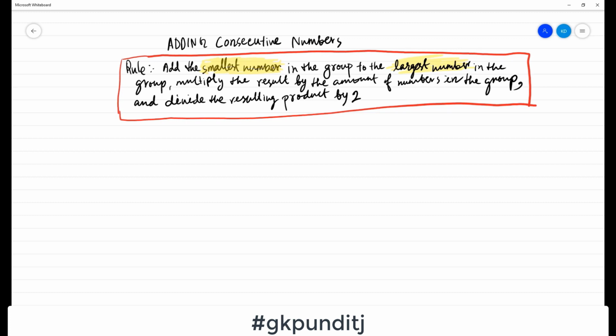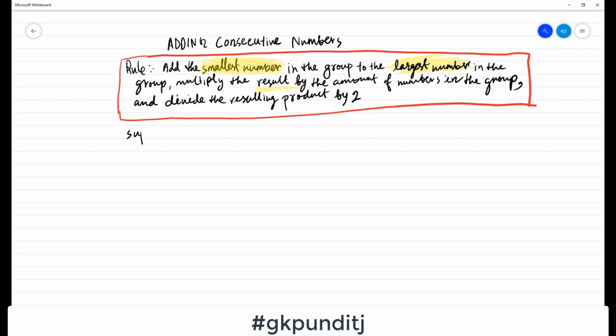Multiply the result by the amount of numbers in the group, then divide the resulting product by 2. Please write down this formula or rule.